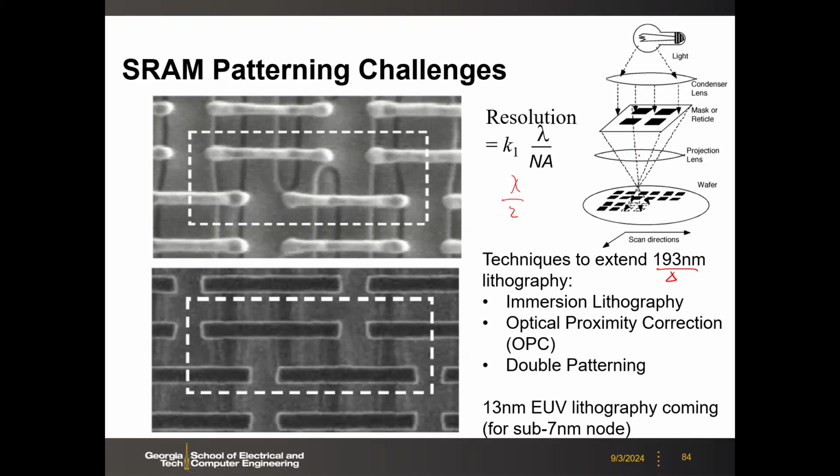So basically, between the lens and the pattern, you fill in some liquid, some kind of oil, which has a refractive index larger than 1, which will be divided by this larger than 1. So if it's a vacuum, or air, it's like 1. But if you have some dielectric liquid in between, you can increase this value. So you can decrease the resolution, like the feature size.